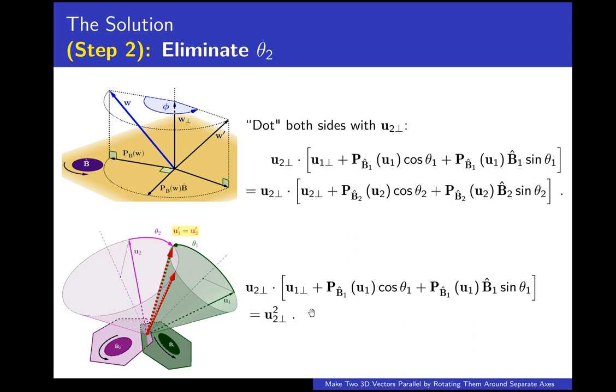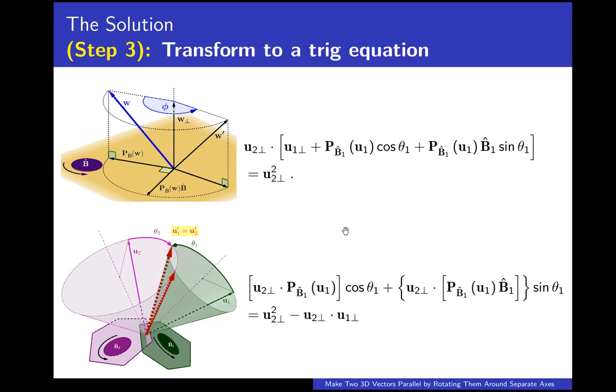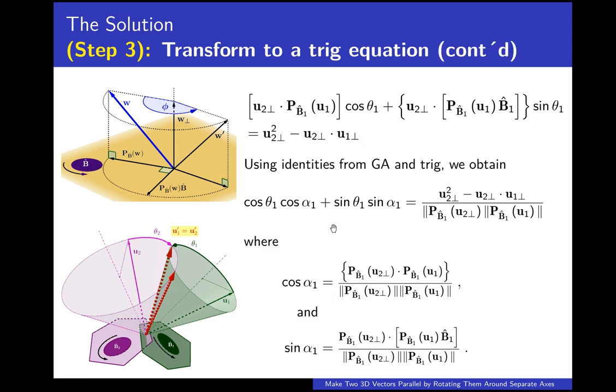So now our next step here is to transform that into a standard trig equation. This is the result from the previous slide, and if we work that around a bit, we end up with this. We have a known scalar times cosine theta 1 plus a known scalar times sine theta 1 equal to a third known scalar. Now we can transform this using standard trigonometric and GA identities.